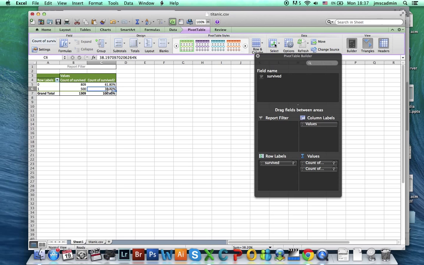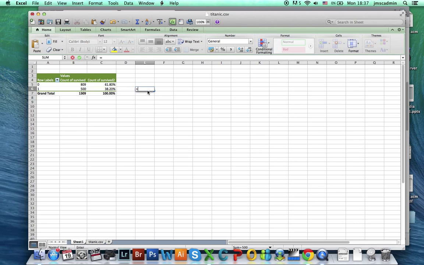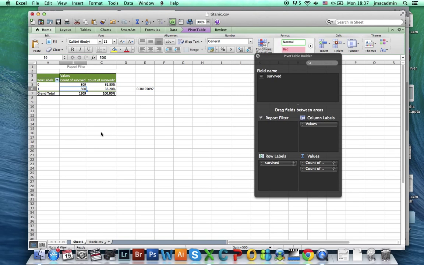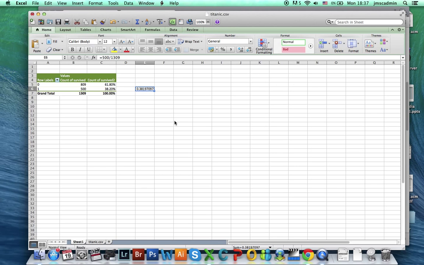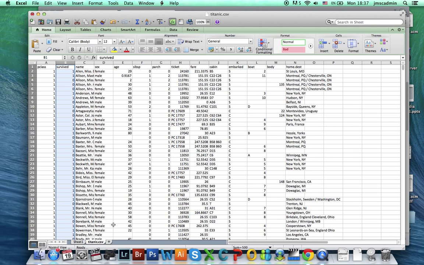The 38.2% is calculated by this 500 divided by 1310. 500 is the number of events, and 1310 is your sample space, and we can calculate the probability like this using a pivot table. Okay, so we get the first one done.